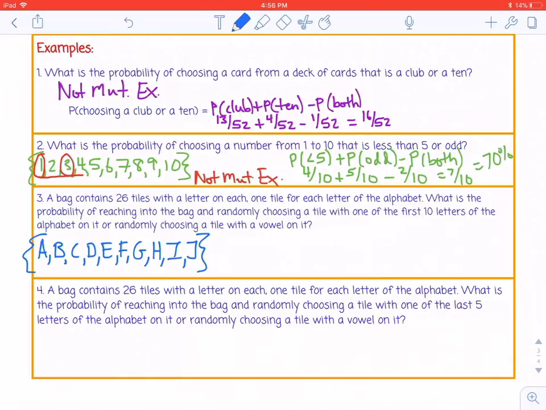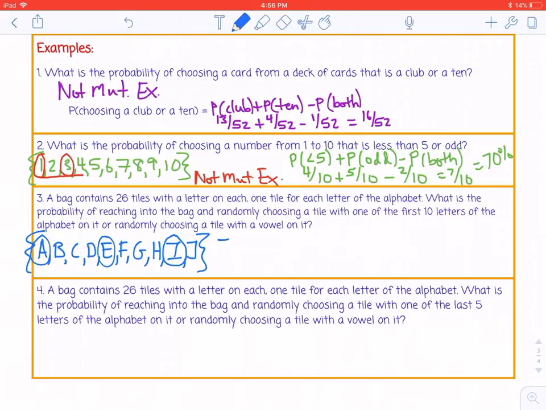So are there letters that are also vowels that are in those first 10 letters of the alphabet? So we would say A, E, and I are vowels, and they are also in the first 10 letters of the alphabet. So these two events would not be mutually exclusive, or we could call them inclusive.